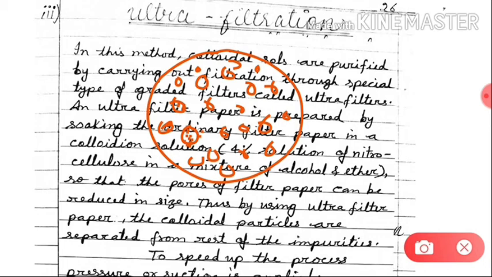So collodion solution particles reduces the size of the pores present in the filter paper. तो ये आपके pores हैं और collodion particles इसके साइज को रिड्यूस करते हैं और इसमें फंस जाते हैं. फंसने से क्या होता है, ये जो फिल्ट्रेशन है ये अल्ट्रा फिल्ट्रेशन में कन्वर्ट हो जाता है. एंड आफ्टरवर्ड्स व्हेन वी pass the colloidal solution through this ultra filter paper, then only the fine impurities which are present in the colloidal sol like ionic impurities, they only pass through this ultra filter paper, and the colloidal particles which are bigger in size, they remain on the filter paper.